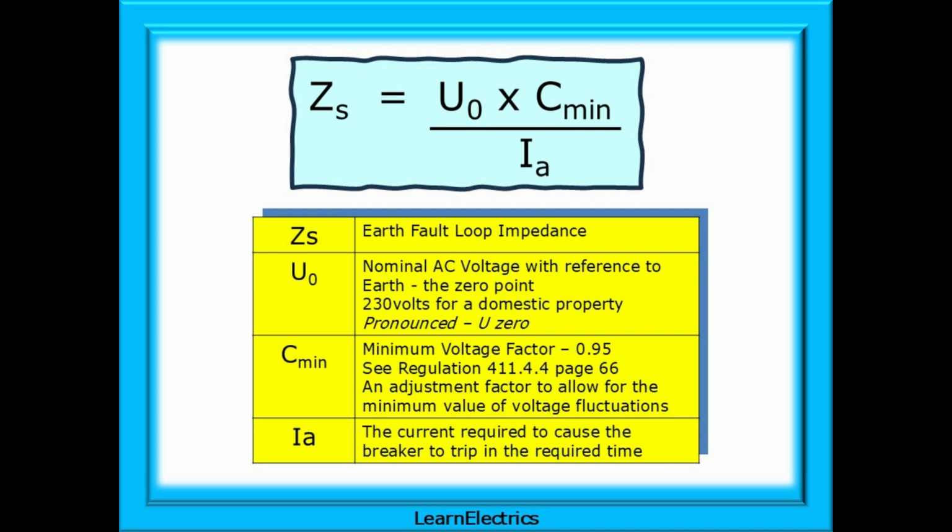For a domestic property, this is usually 230 volts, even if we measure 240 volts. Cmin is a voltage factor to allow for voltage fluctuations, and it makes an allowance for lower than expected voltages. And Ia is the fault current required to cause the breaker or fuse to operate in the required time. Each type and rating of device will have its own Ia.